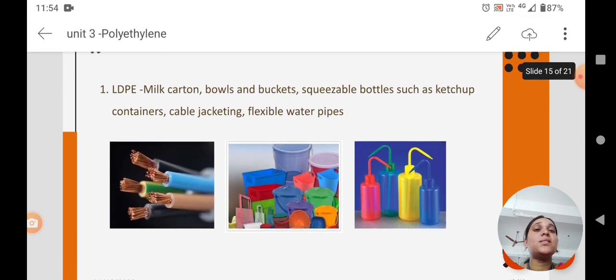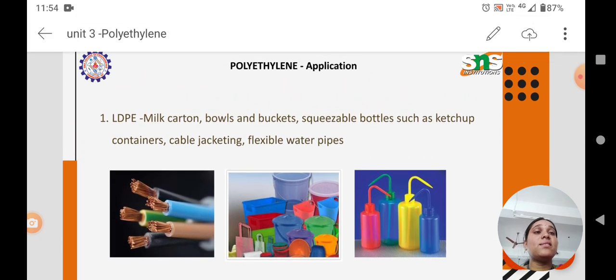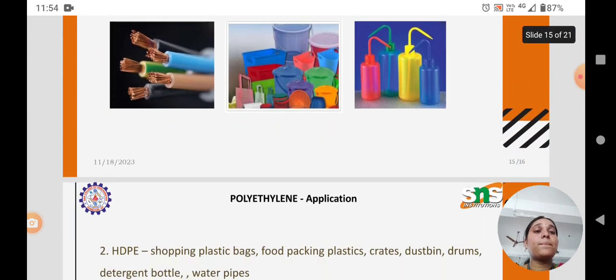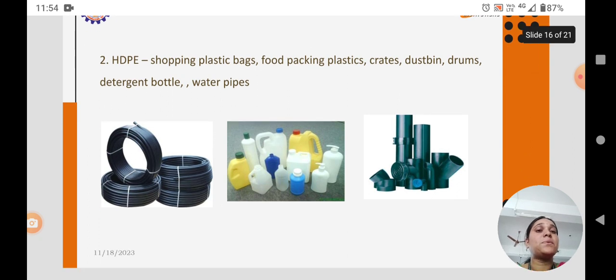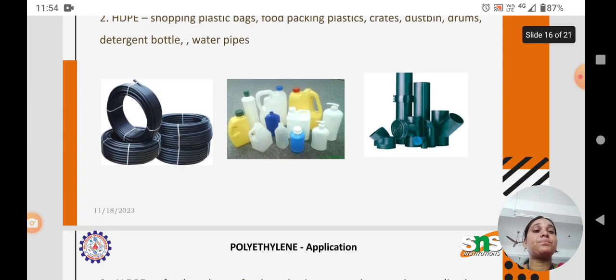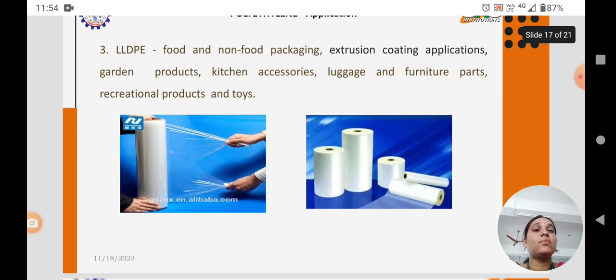The picture represents the main applications of polyethylene: plastic bags, food packaging, crates, dustbins, drums, detergent bottles, water pipes, etc. For recreational products, toys, kitchen accessories, food packaging materials, coating applications, garden products.